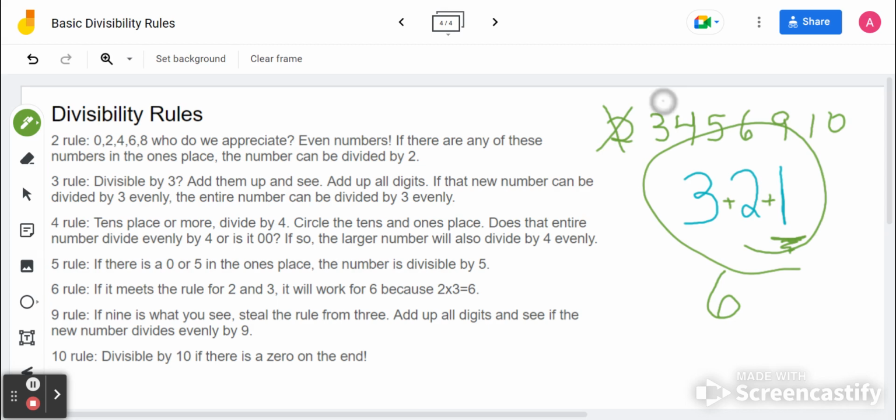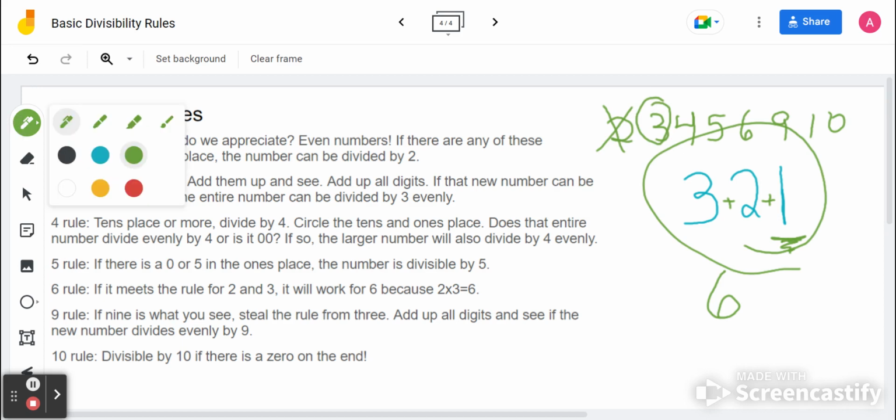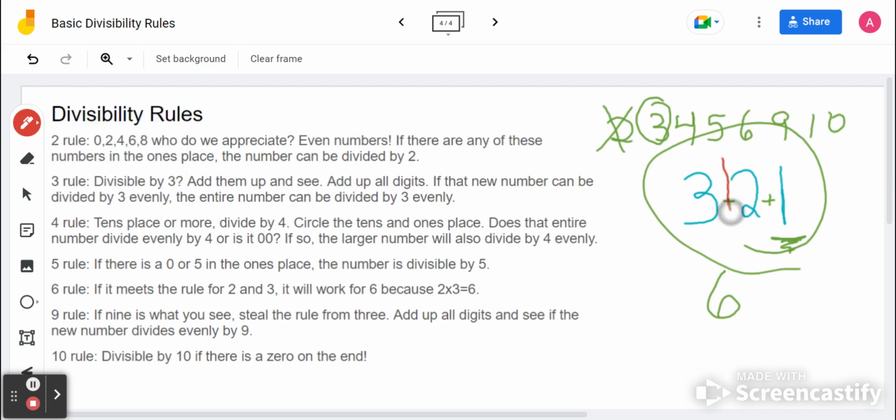Now we'll use the rule for 4. Tens place or more, divide by 4. When I say tens place or more, I mean the last 2 digits. It's tens place and more, divide by 4. The caveat to that is double 0. If it is double 0, then it also is divisible by 4 because 4 can go into 100.